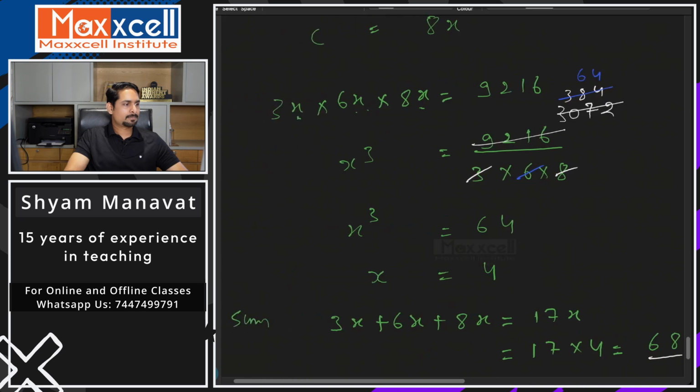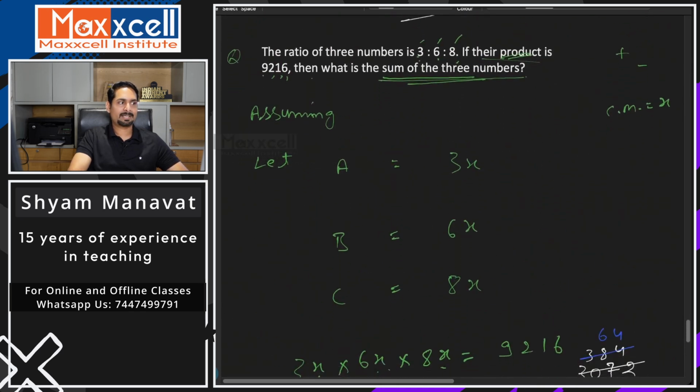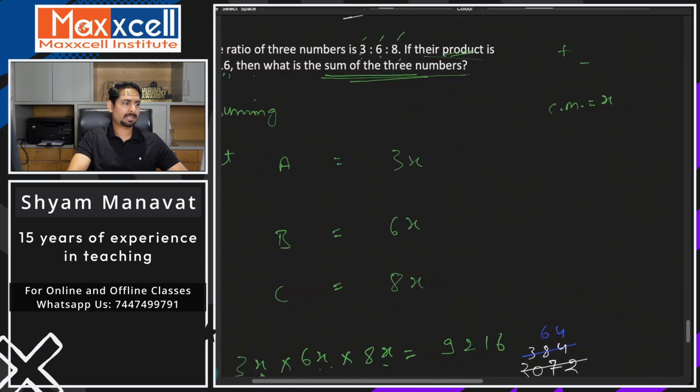Okay. So I hope you understood this, and now let's come back to the reason why we have not used the chain rule here. The chain rule works in case of addition or subtraction, like if there is a difference given between the portions of ratios, or a total sum given between the portions of ratios.